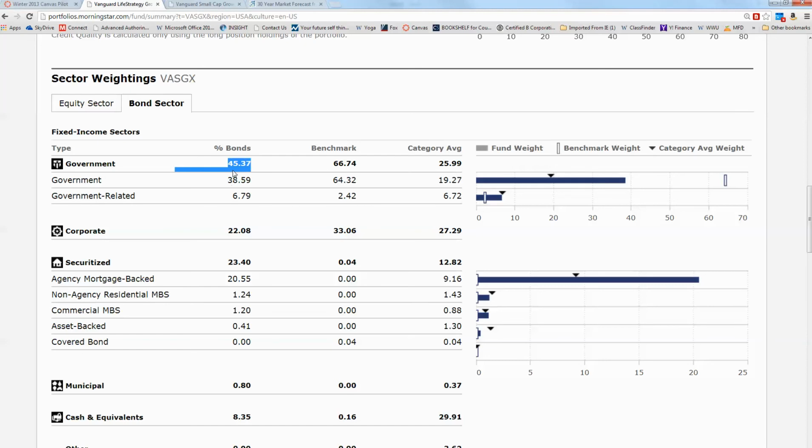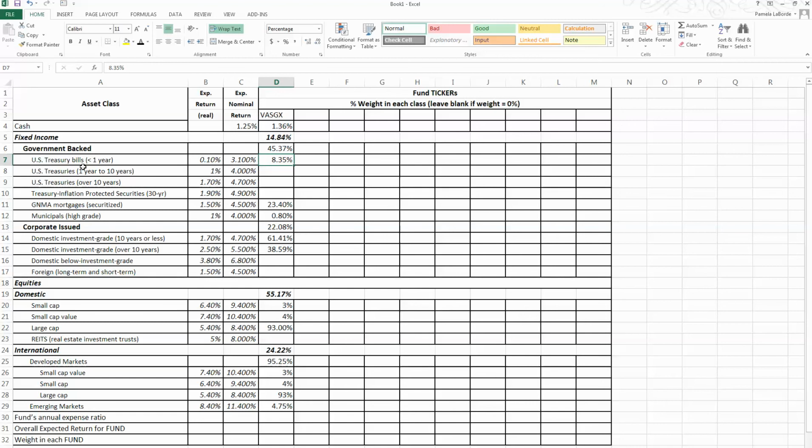I just know that about 45% is in government bonds, and I need to break that down to some degree. I know the cash percentage because they told me that on Morningstar, but I need to break this 45% into some short-term government bonds and some longer-term government bonds. And I'm not so horribly concerned about whether they go into row number 9 or row number 10 because the difference in the actual expected returns is very minimal.